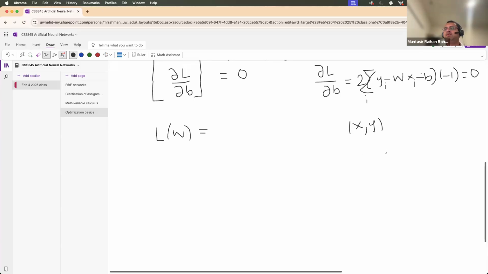We can think of y as the label, so let's say y can be +1 or -1. So it can be in these two classes.